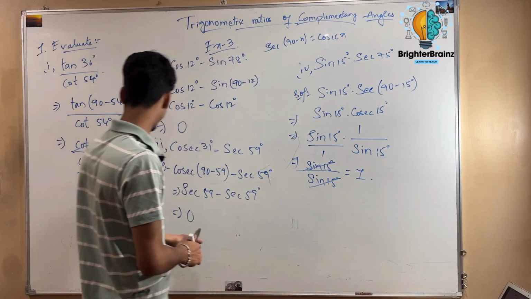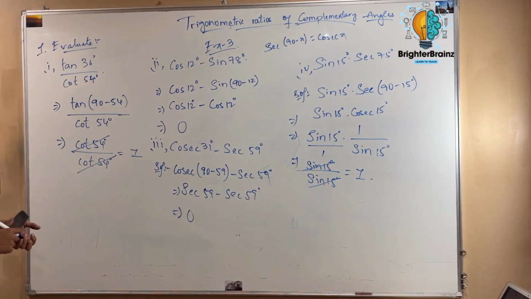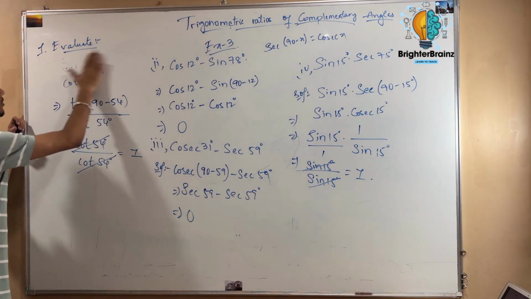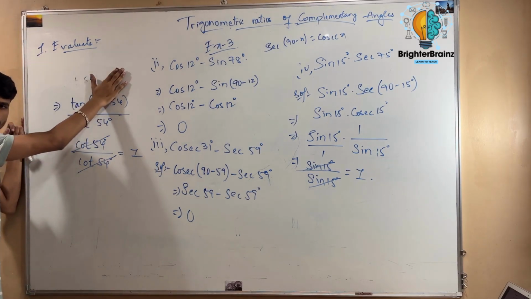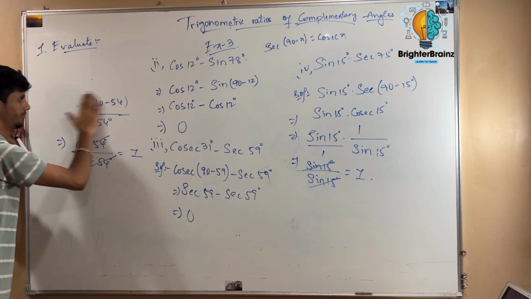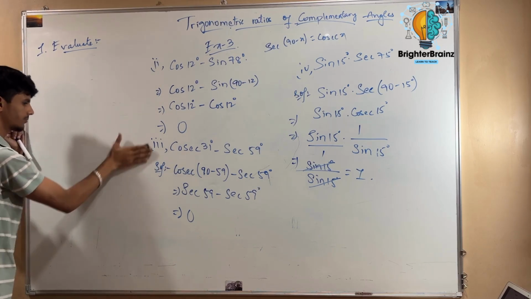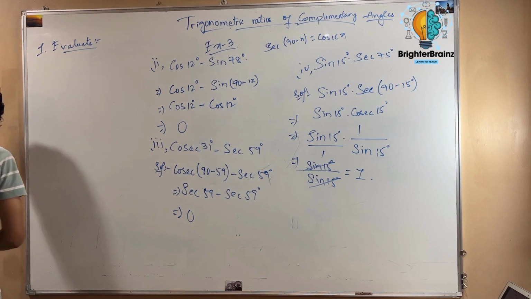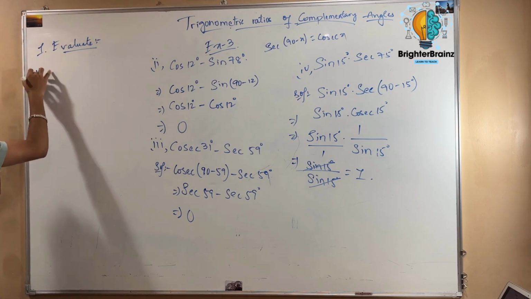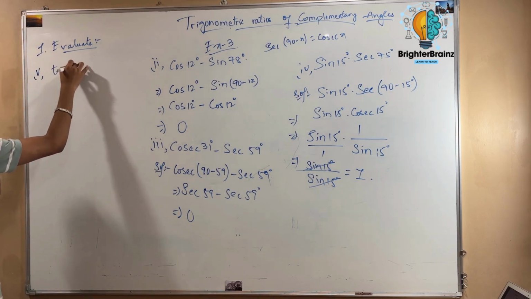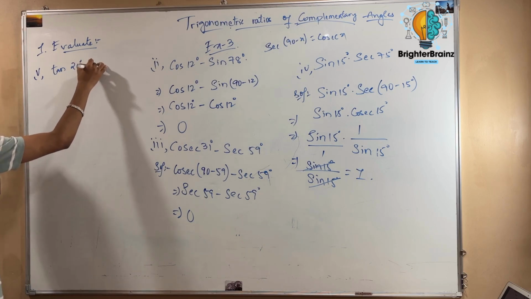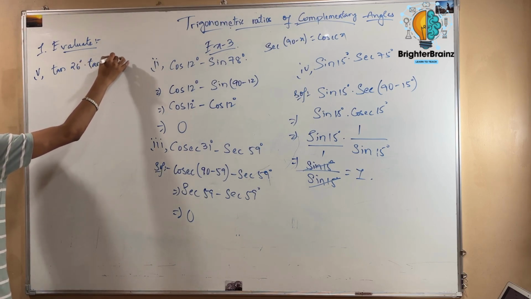Similar to that, the fifth question. Let me rub out the first Roman. Have you written? Yes. Fifth Roman is tan 26 degrees into tan 64 degrees.